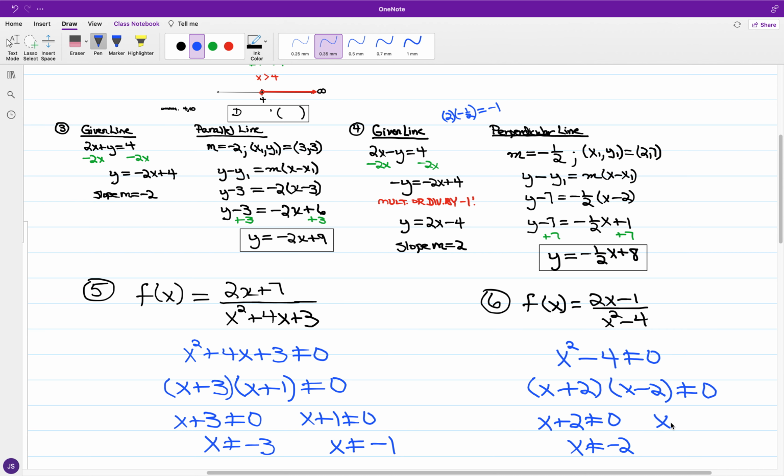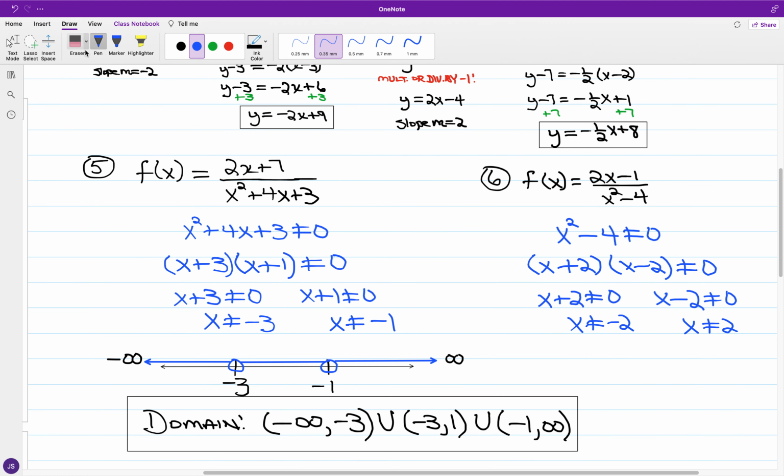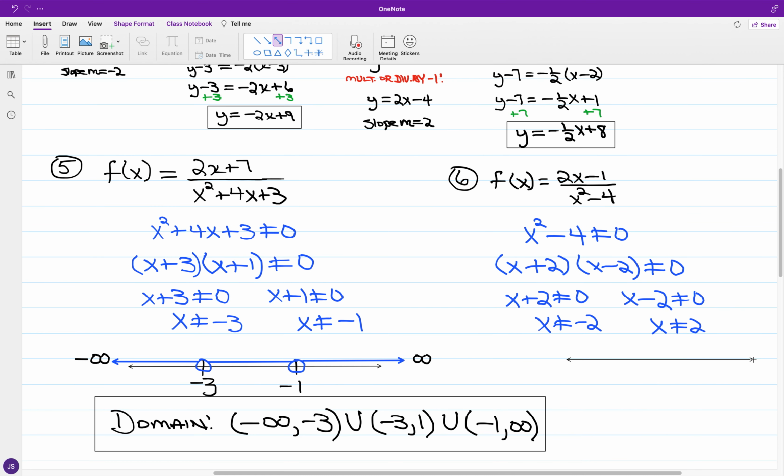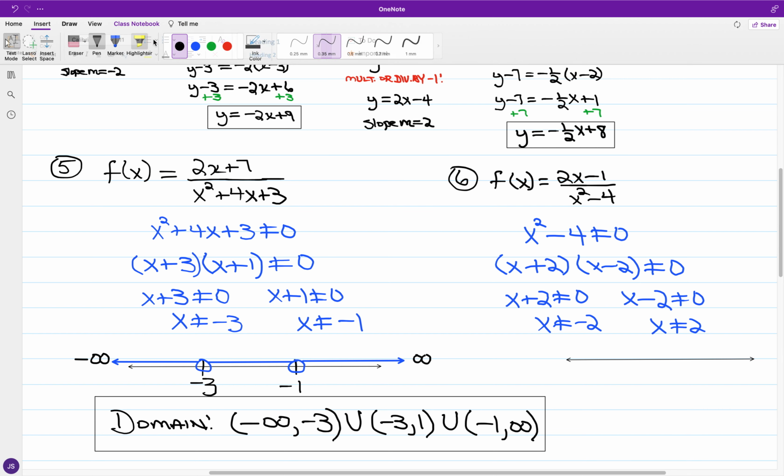And with x minus 2 disallowed from equaling 0, we also have 2 excluded from the domain. So I have negative 2 and positive 2 left out.